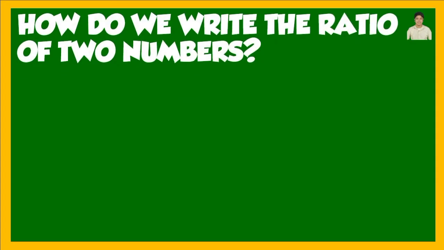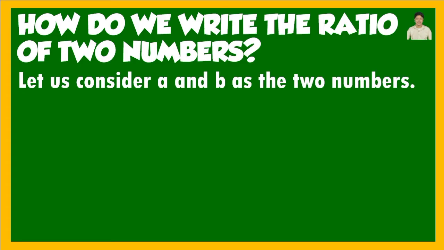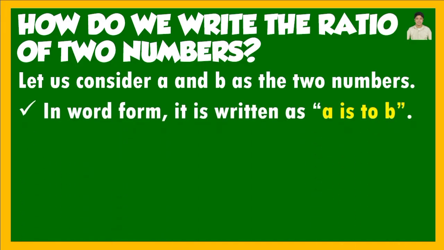So how do we write the ratio of two numbers? Let us consider A and B as the two numbers. To know how we write the ratio of two numbers, we will use the variables A and B, the letters A and B. In word form, it is written as A is to B. The "is to" is always there.